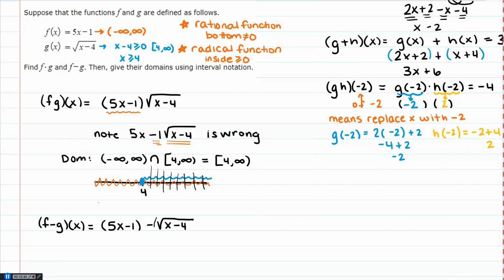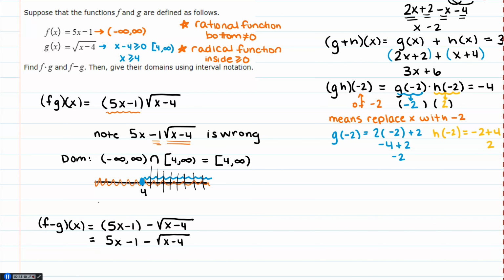You can if you'd like to, like this is fine, but generally we wouldn't wrap that up. So now here, since 5x minus 1 is not being multiplied by anything on the outside, those parentheses are technically extraneous as well. So I'll just write this as 5x minus 1 minus radical x minus 4.